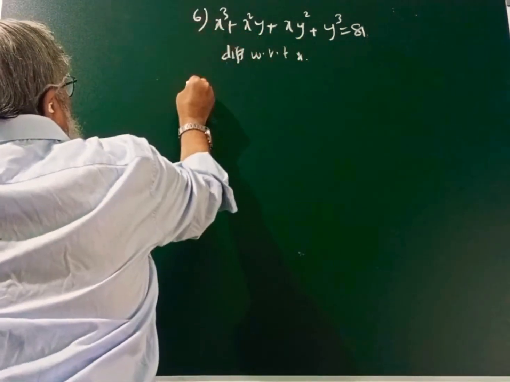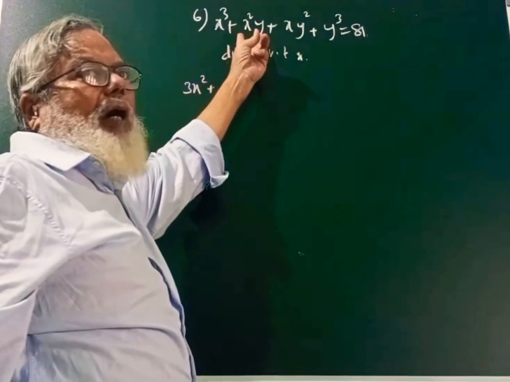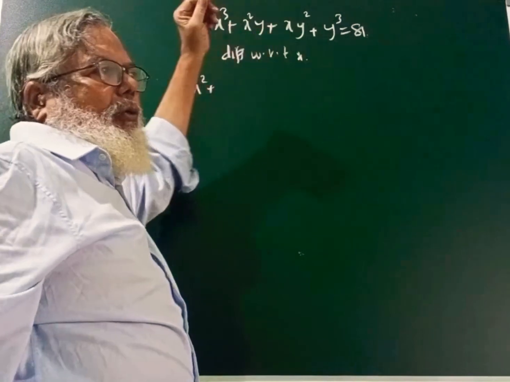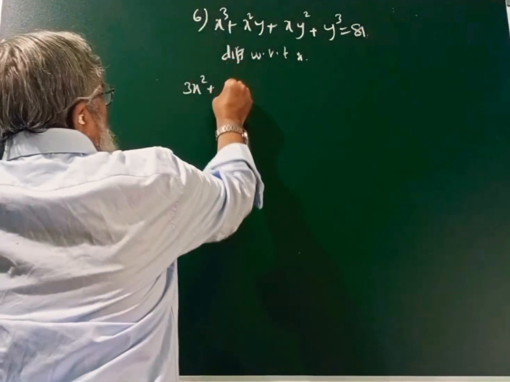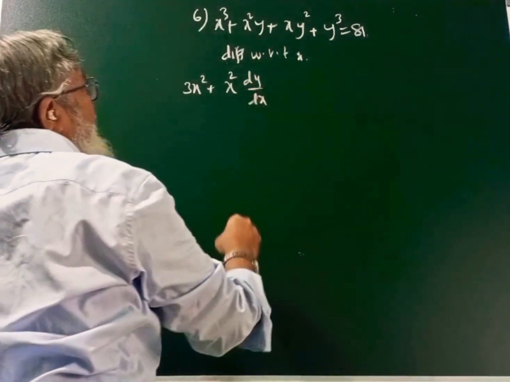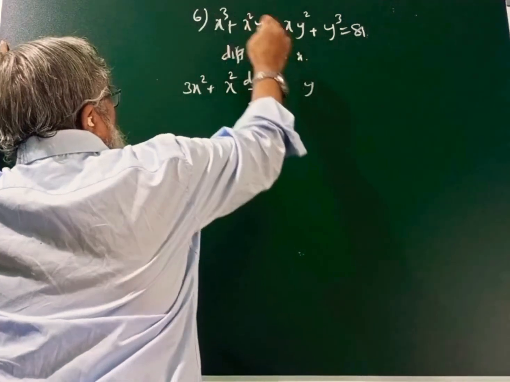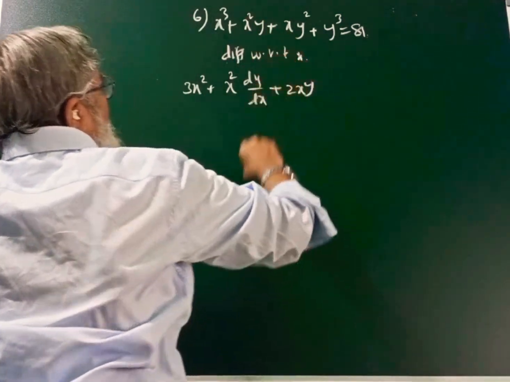Differentiation of x cube is 3x square. Now to differentiate this x square y, we have to apply the product rule. For this, first function as it is, differentiation of y with respect to x is dy by dx. Now y as it is, differentiation of x square, that is 2x.